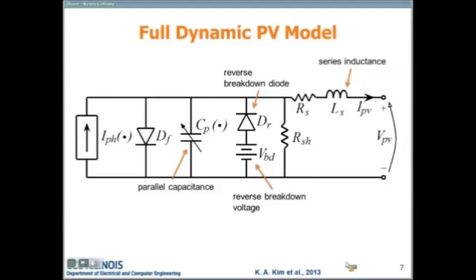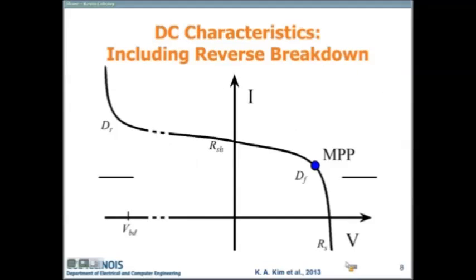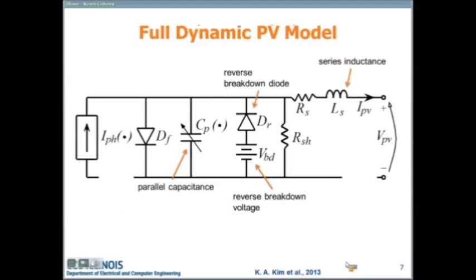Okay, so with that model in mind, here are the forward characteristics that we got before. And this is the forward diode, this diode engaging. But as we reverse bias this, so we flip the bias, eventually you actually get current going through this way.